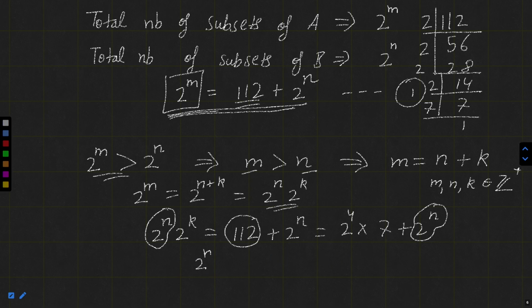So my equation will become 2 raised to the power n, bracket 2 raised to the power k minus 1, is equal to 2 raised to the power 4 into 7. So now let's compare the values.